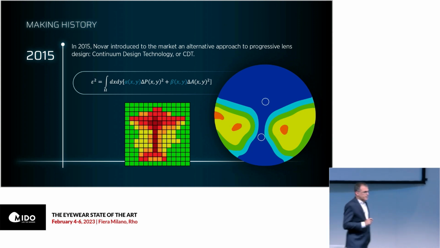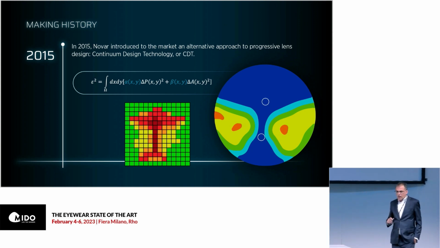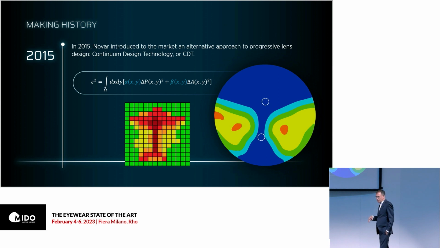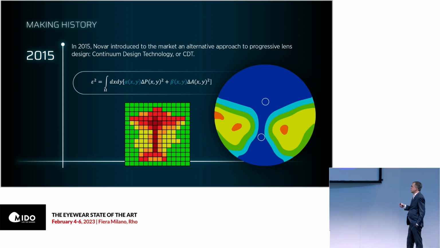In 2015, we developed the Continuum Design technology. It basically calculates the error on the whole surface of the lens, taking into account infinite points and discarding the problem of interpolation.